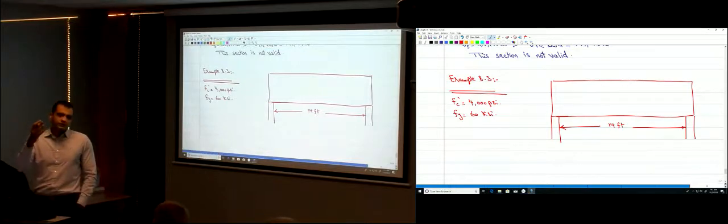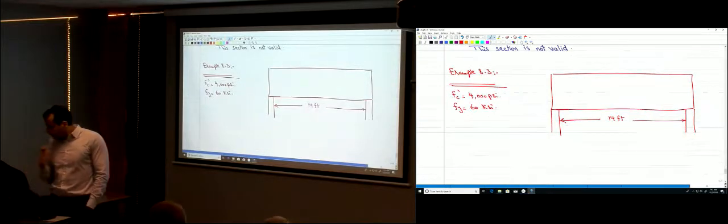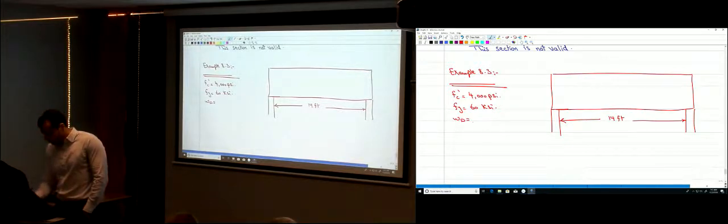Transverse, what I mean by transverse, it's the stirrups, okay? It's transverse steel. And the load applied on this beam, the dead load, there is a uniform load of 4 kips per foot, and the live load of 6 kips per foot.